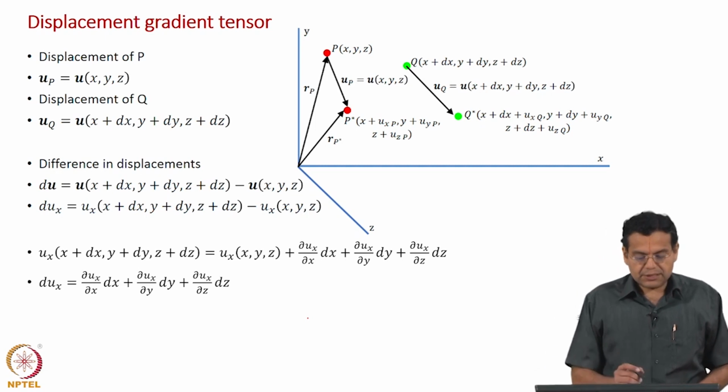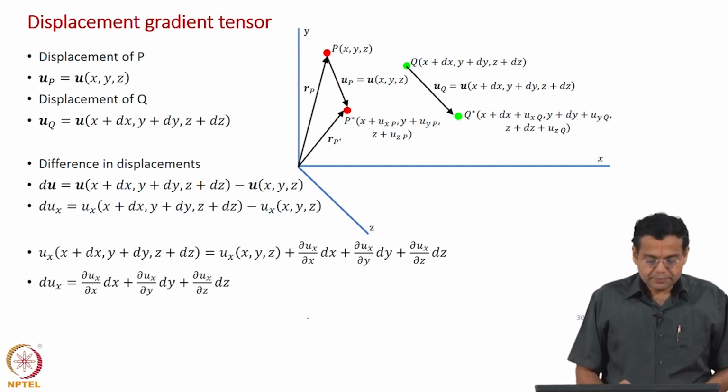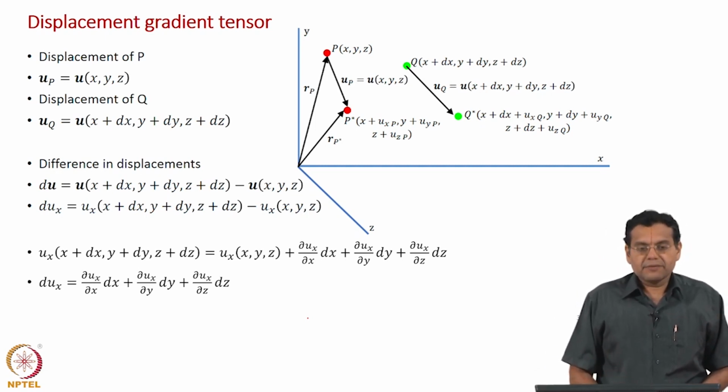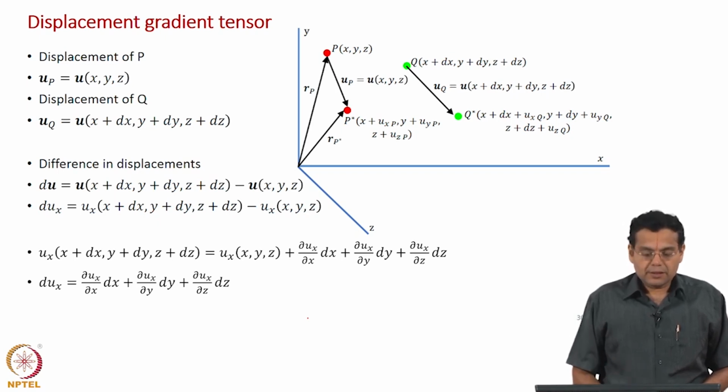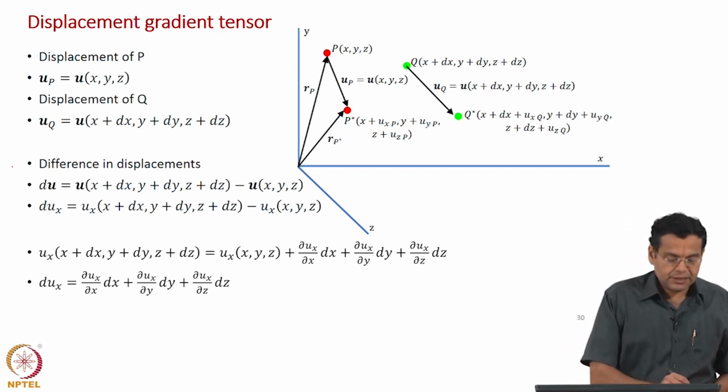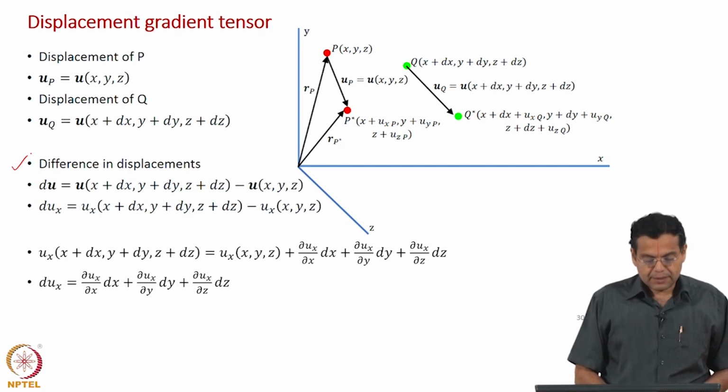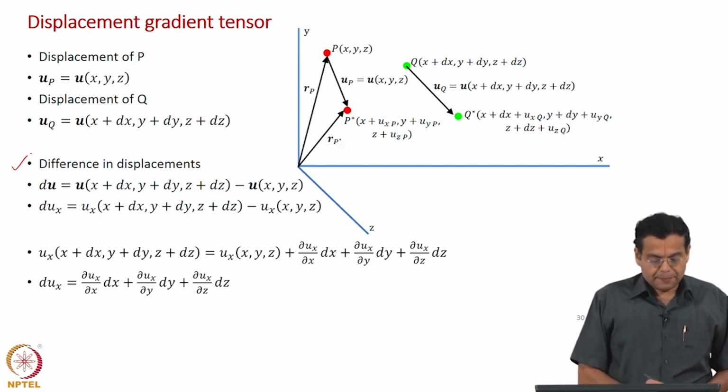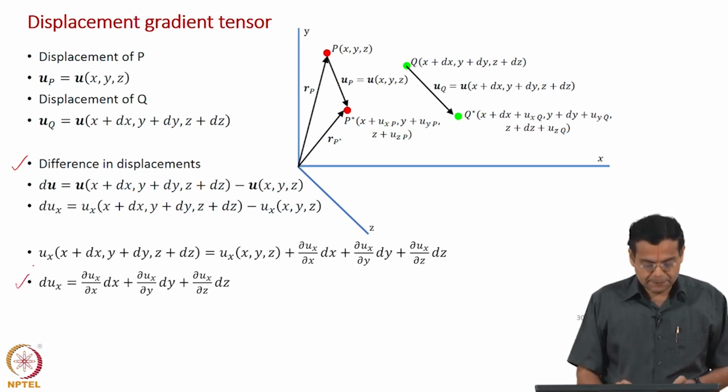So, this slide shows the derivation for displacement gradient tensor using the first method, which is the mathematical method. So, we considered two particles, looked at the difference in displacement and expressed the total derivative in terms of partial derivatives.